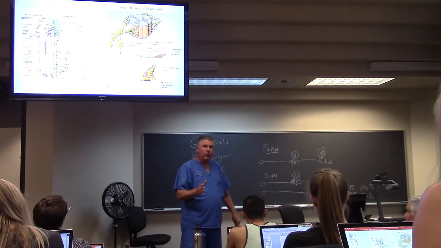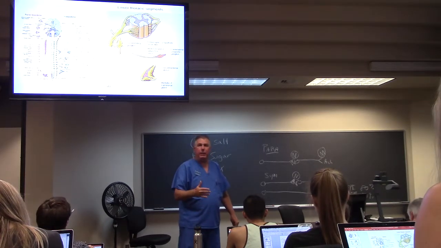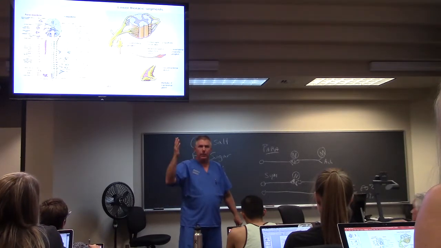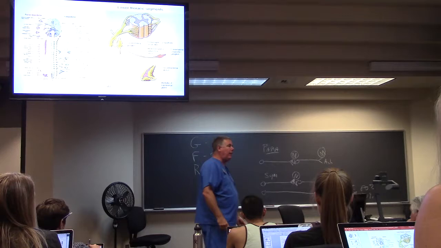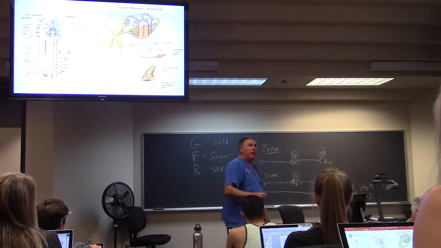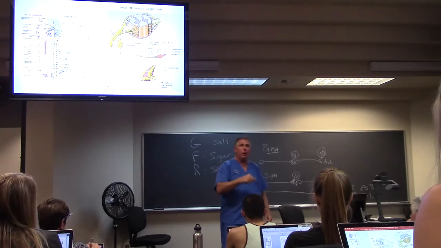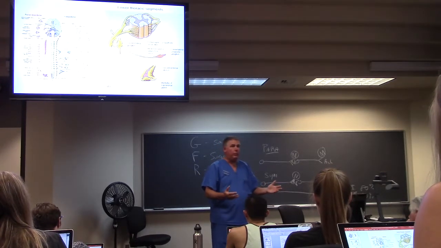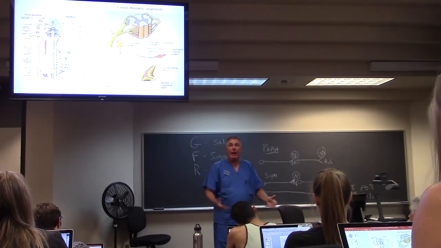Atropine. You know the drug atropine? Everybody not know what atropine is? Atropine can be used to increase the heart rate. Bradycardia, that's what you treat bradycardia with, is atropine.